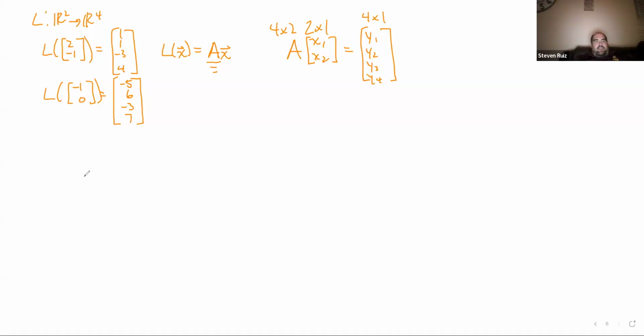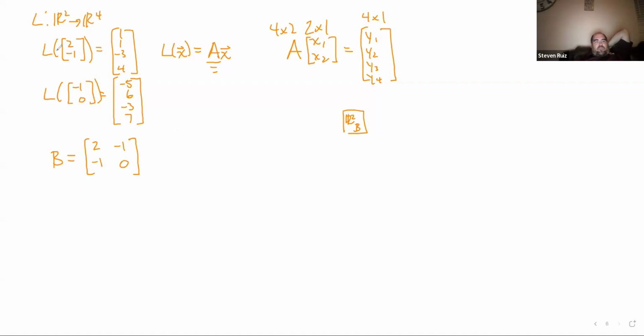In this case, we're going from R2, but with respect to something non-standard. I'll call the basis B. What does B look like? We're going from R2, so it better be a 2 by 2 matrix. The columns in this basis are going to be (2, -1) and (-1, 0).